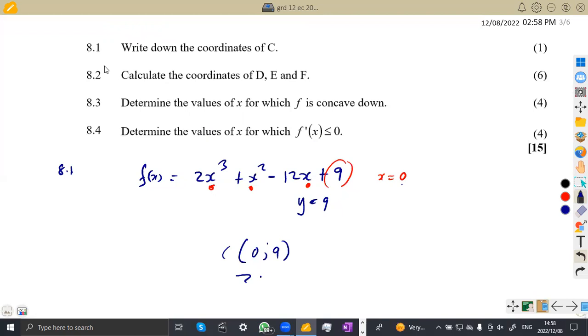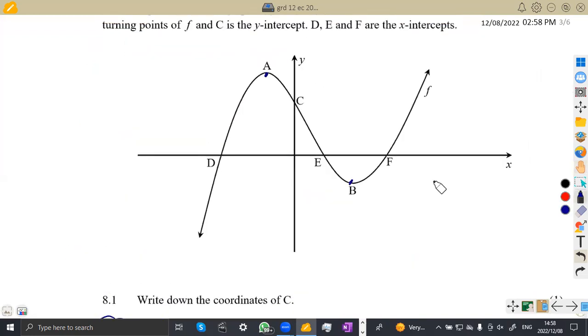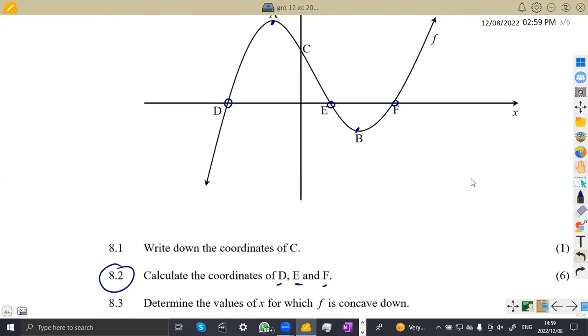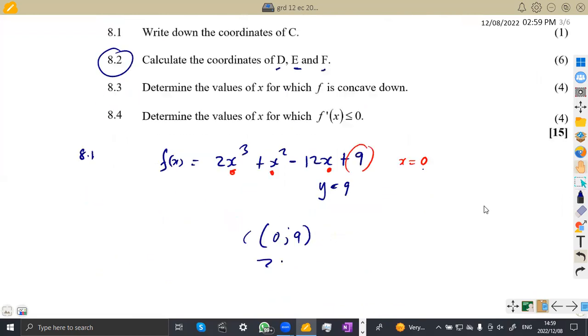All right, 8.2, calculate the coordinates of D, E, and F. Where do we have D, E, and F? These are the x-intercepts. We've got D, E, and F there. So in this part, we are going to apply the factorization.